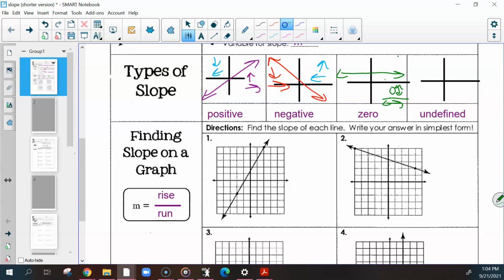And 0 over anything is going to be just 0. When you think about walking across the floor, driving on a straight road, biking, skating, whatever you do that's straight across, that would have a 0 slope.